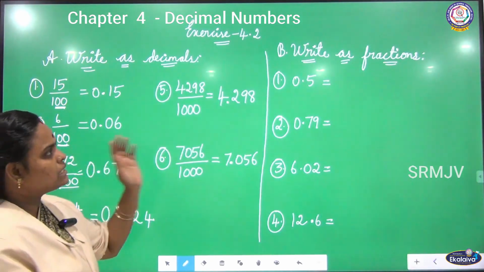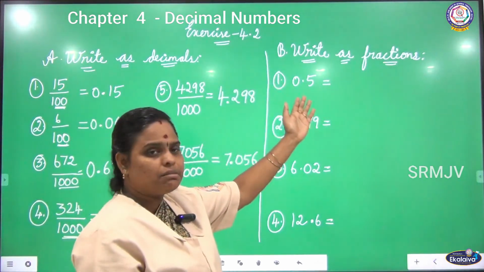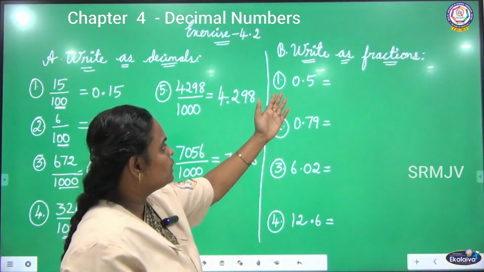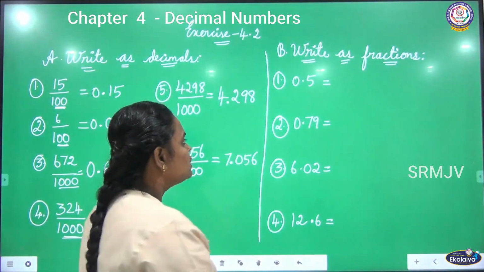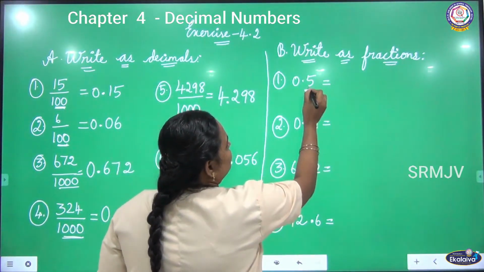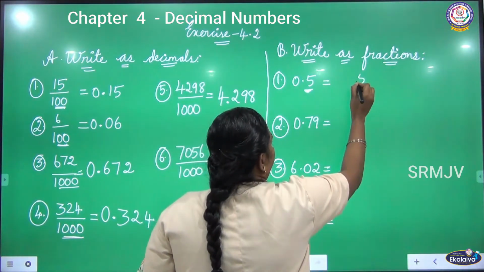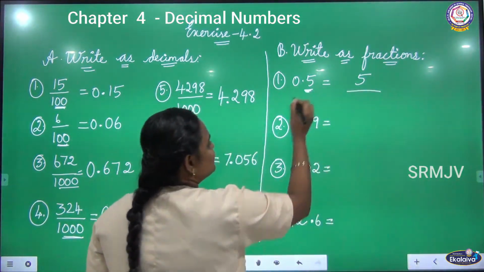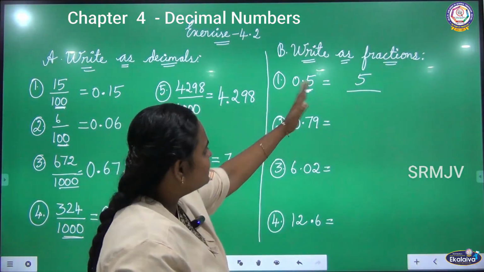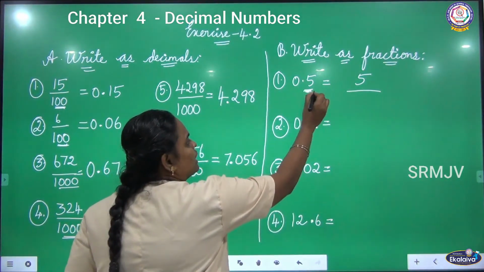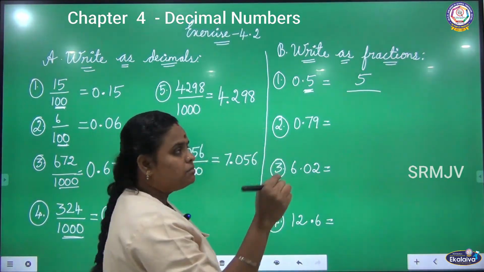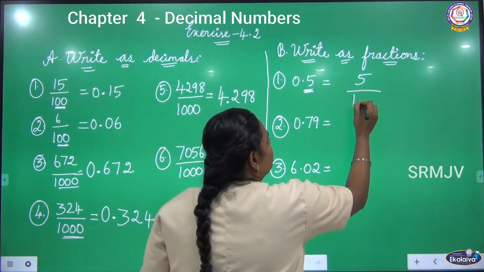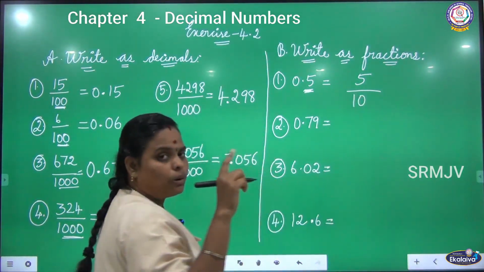Next one, we are going to write the decimal as a fraction. Look at the number. What is the number they have given? 5. So you write 5. Then how many decimal places are there after the decimal? Only 1. So only 1 place means you write 1 followed by 1 zero.